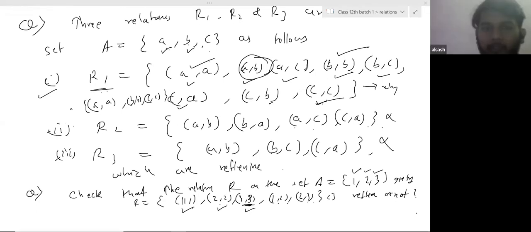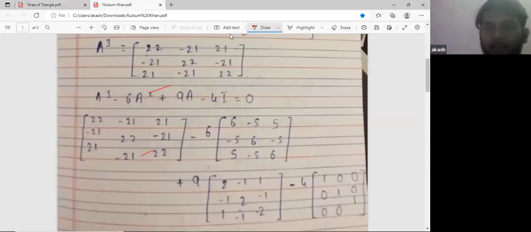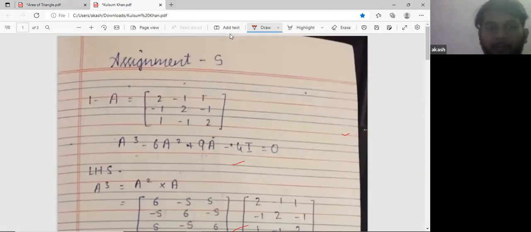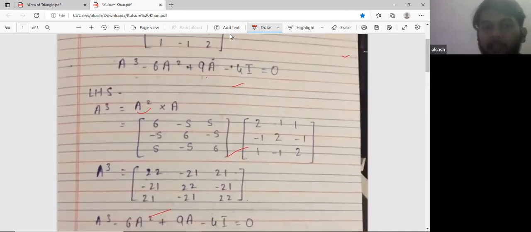All right, no worries. Kulsum, I was checking your assignment and I found a few things to discuss here. See, you wrote a cube equals a square times a. That is absolutely right. But how did you find a square? That also you have to show the calculation. All right. Okay.